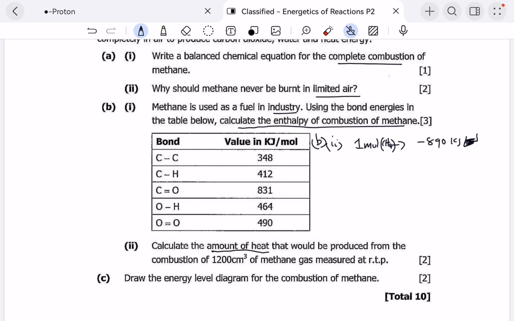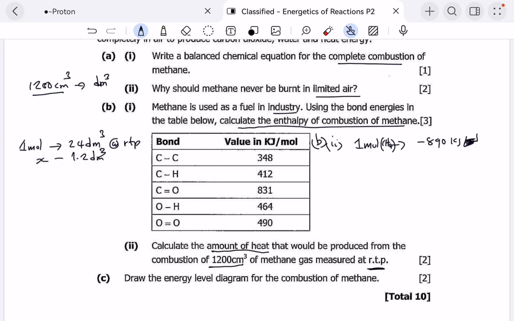So what if 1,200 cubic centimeters of methane gas was measured at RTP? There it takes us to more concepts. We know that 1 mole at RTP is equivalent to 24 cubic decimeters. So we convert 1,200 cubic centimeters to cubic decimeters, which is 1.2 cubic decimeters.